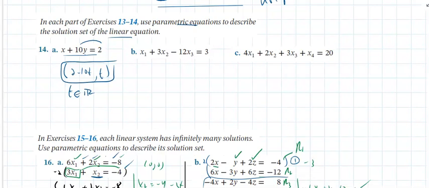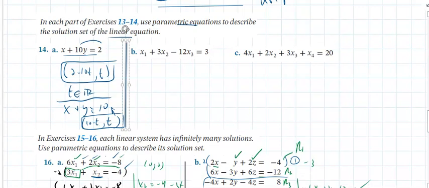Kind of like me saying, give me two numbers that add up to 10. Well, if you let y equal t, then x should be 10 minus t. And these are the two values that will add up to 10 every single time. If x equals 1, y is 9, and 9 and 1 will add up to 10, and so on and so forth. So that's really what you're doing.